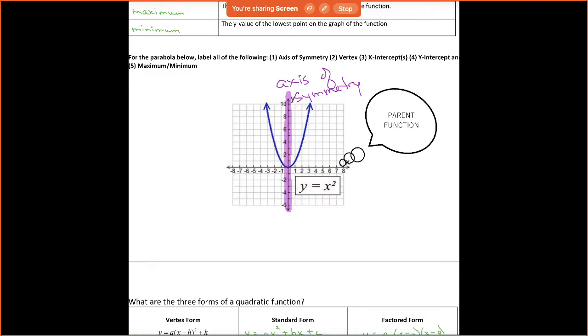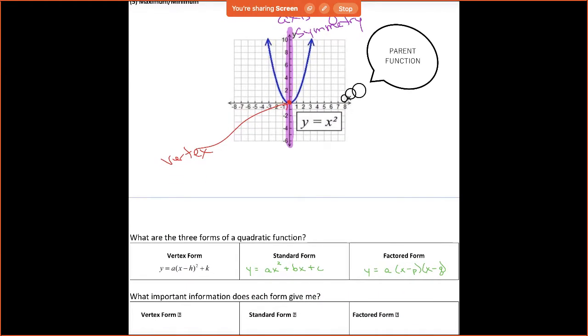Okay, from there then, we have the vertex. That is the turning point. For this particular example, it is at the very bottom, which is at the origin, that 0, 0 point. That vertex also turns out to be the x-intercept, because it's where the parabola crosses or touches the x-axis.